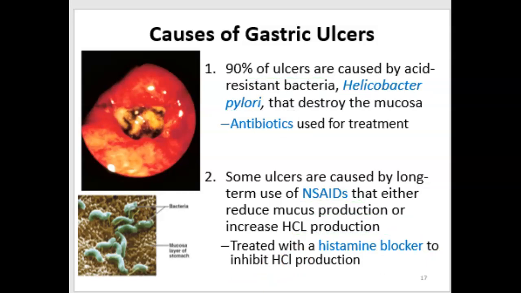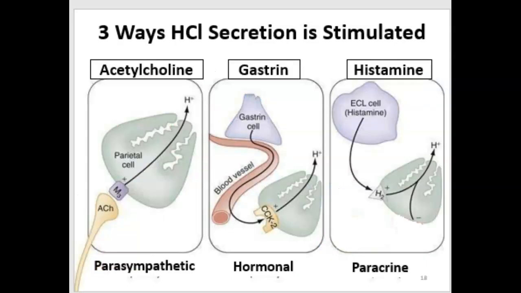Okay, let's talk about how hydrochloric acid secretion is stimulated. You know that hydrochloric acid secretion occurs when we think of food, or when the food bolus enters the stomach. And in the neural long reflex, it's due to the parasympathetic nervous system telling these parietal cells to do so, to make HCl.